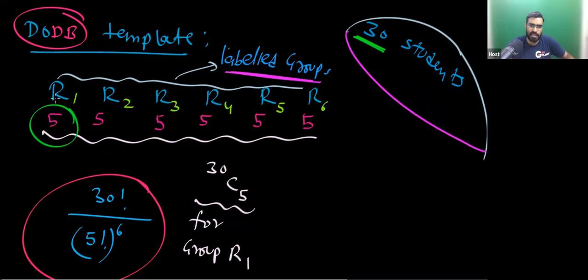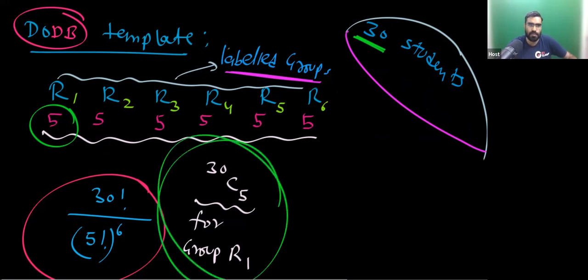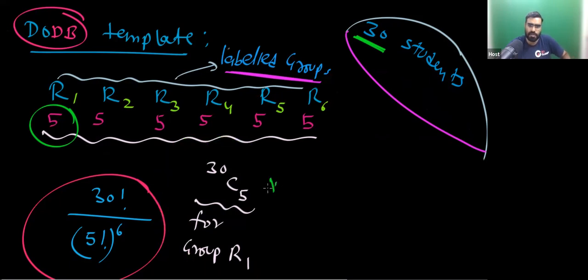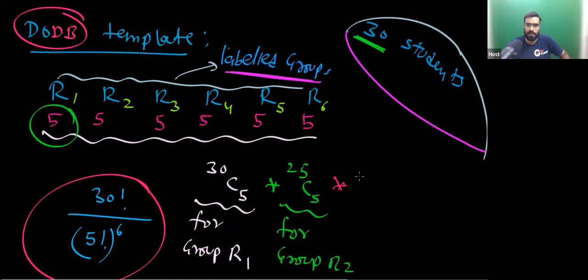Then from the remaining, again you select 5 and give to group R2. From the remaining, you select 5 and give to group R3. Like this you keep doing.